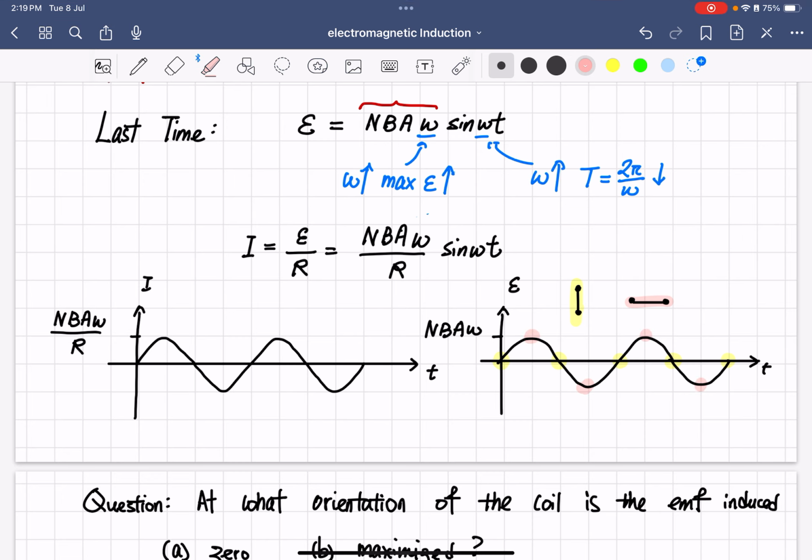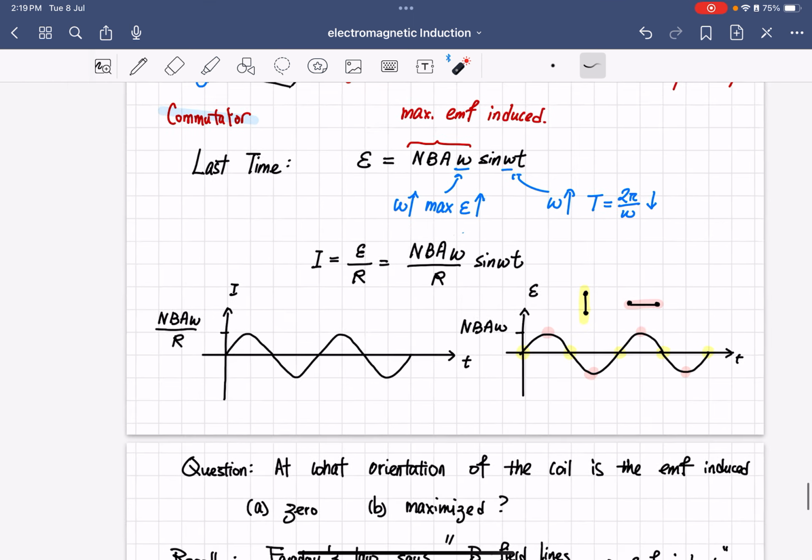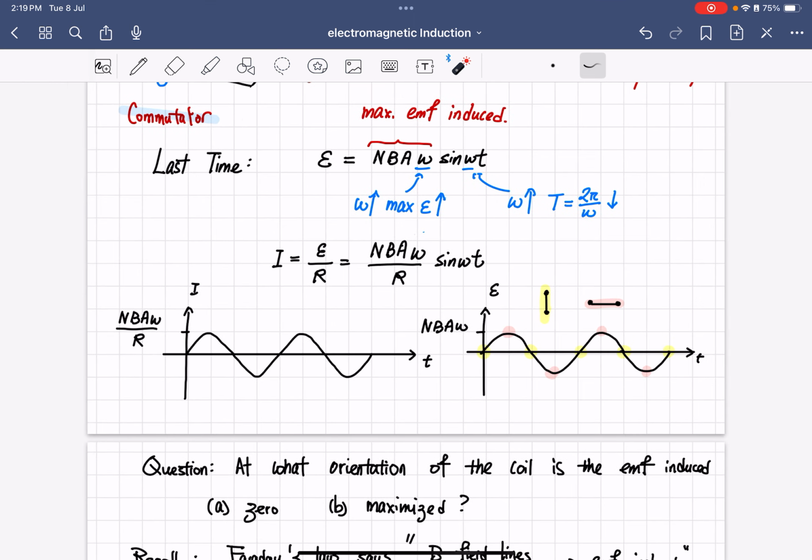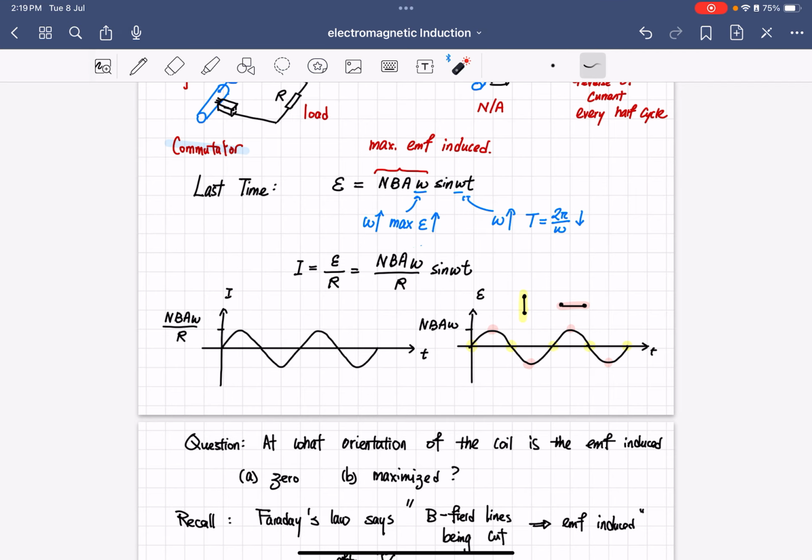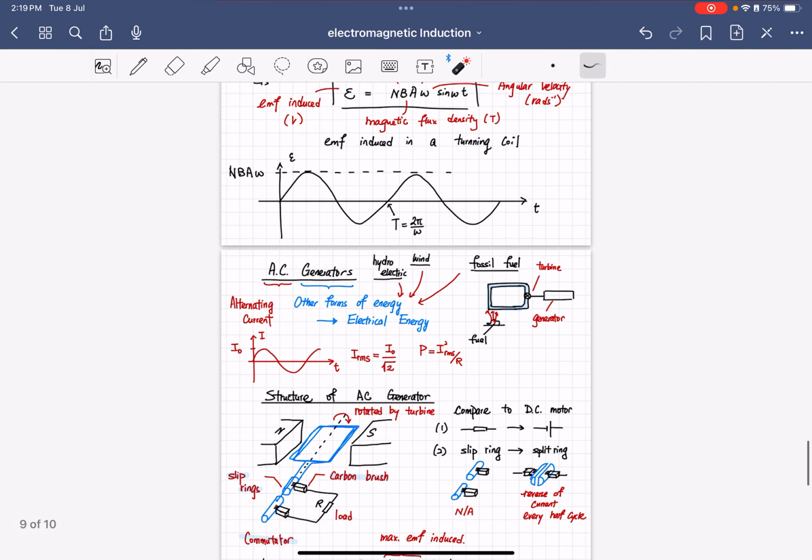So when the coil is spinning, you go through zero EMF, maximum EMF, zero EMF, maximum EMF cycles along the way. This is a simple AC generator.